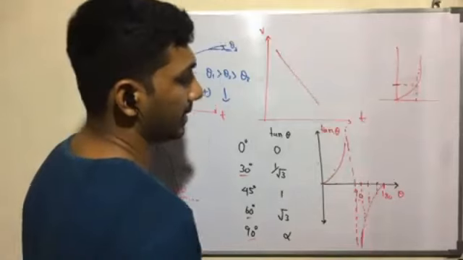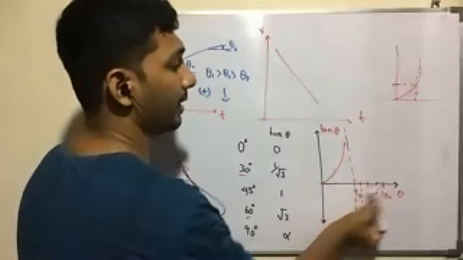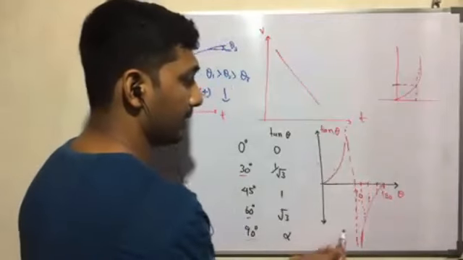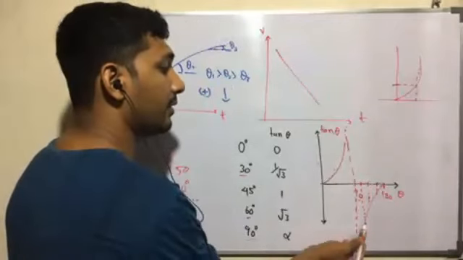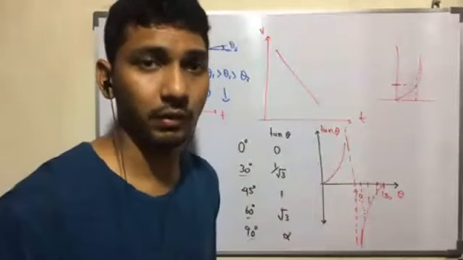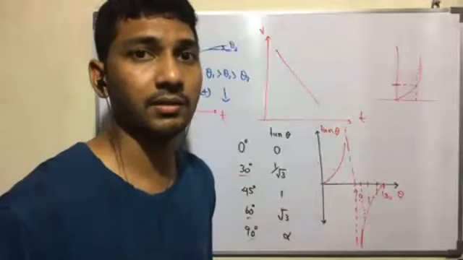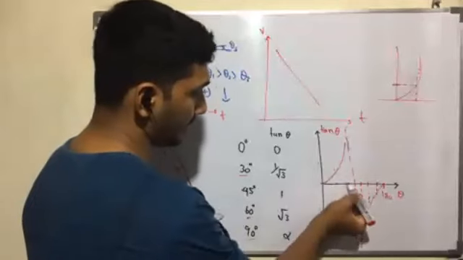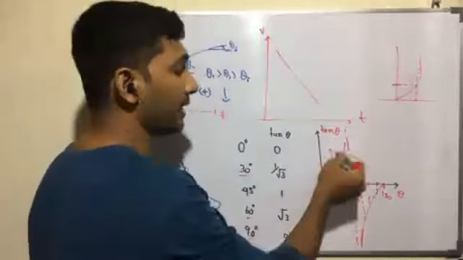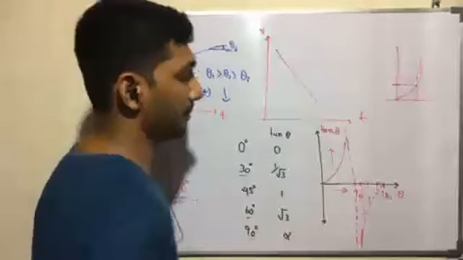Also you can see for obtuse angles, which are greater than 90, if we increase the angle, the tan value is decreasing on the negative side. For acute angles, when you increase the angle, the tan theta value is increasing on the positive side.